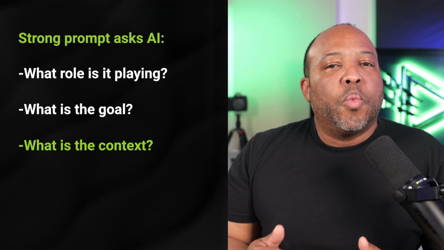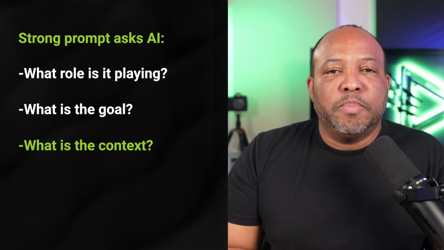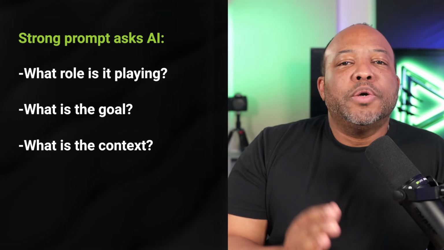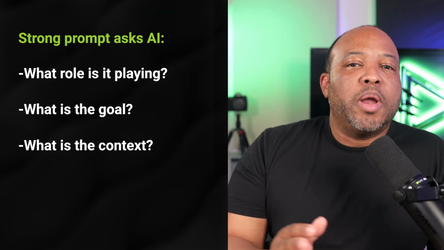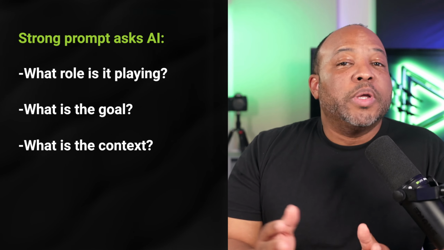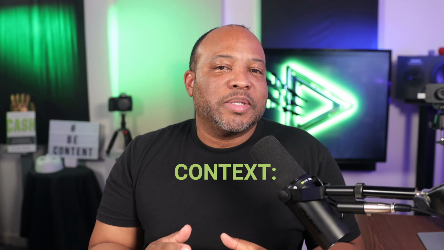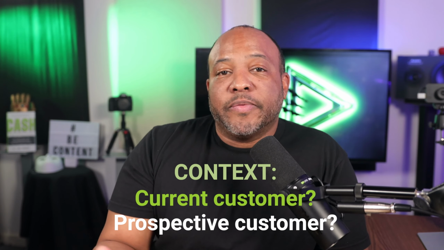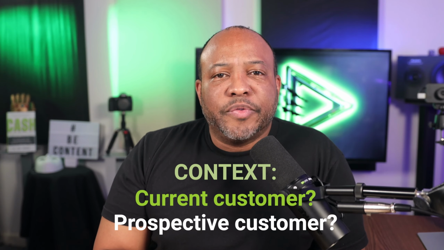And thirdly, what is the context? The context matters. For example, include the customer's pain point, the product they asked about, and do it in a friendly tone. Side note, when including customer information, I like to tell the prompt whether this is a current customer or a prospective customer. That context makes a difference.